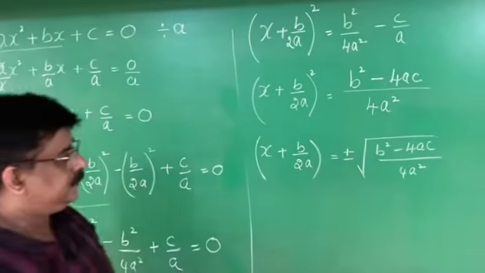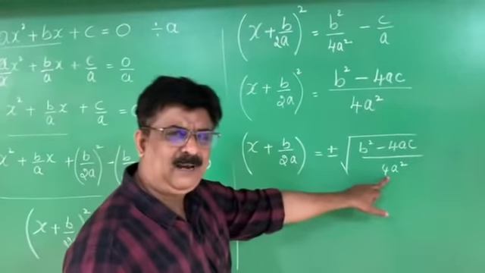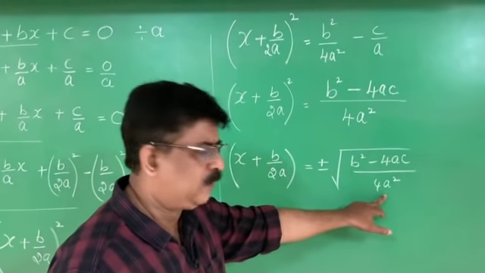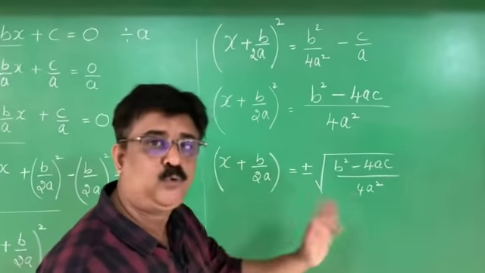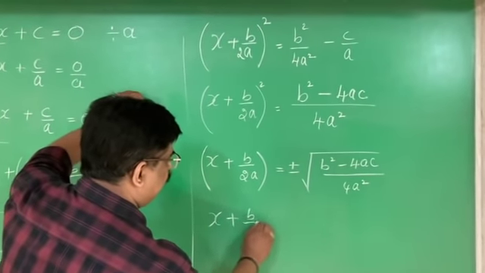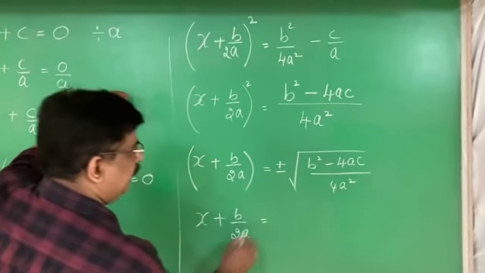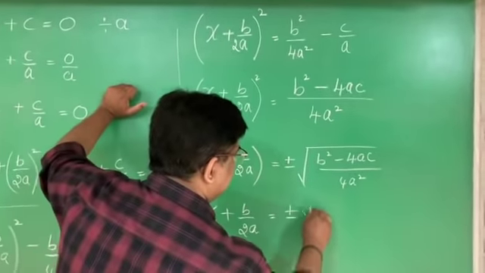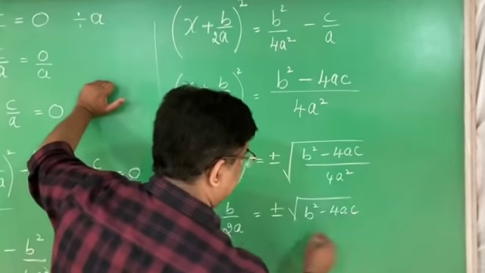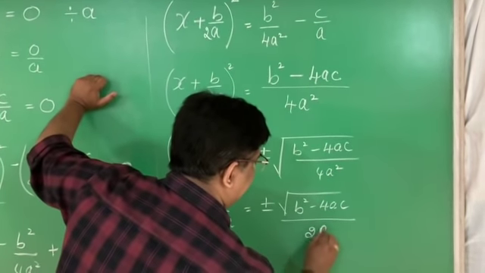Right? Now, see the denominator. In all problems, same method. The denominator always gets a square root. Square root of 4a square is 2a. Then it becomes x plus b by 2a is equal to plus or minus square root of b square minus 4ac divided by 2a.